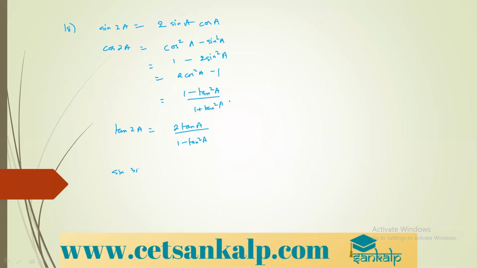Sin 3A formula is 3 sin A minus 4 sin cube A. And cos 3A formula is 4 cos cube A minus 3 cos A.